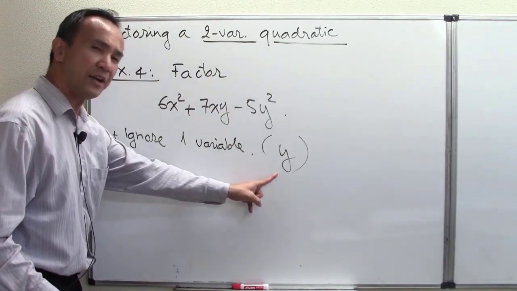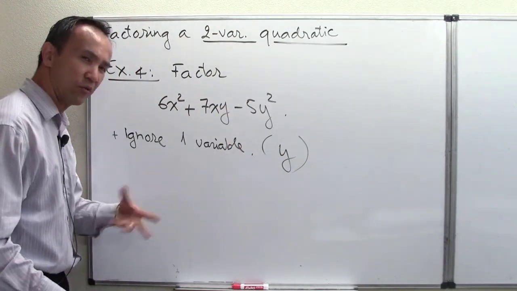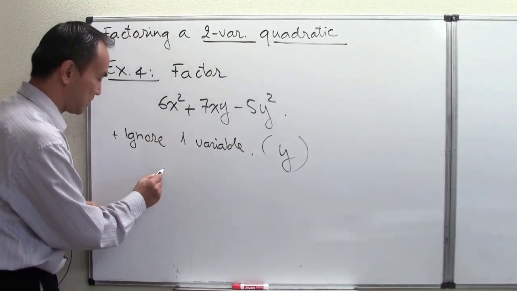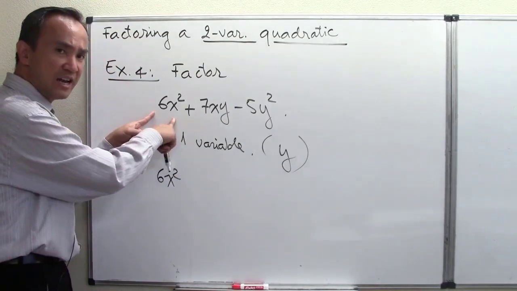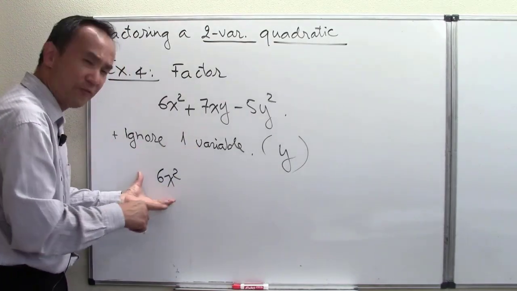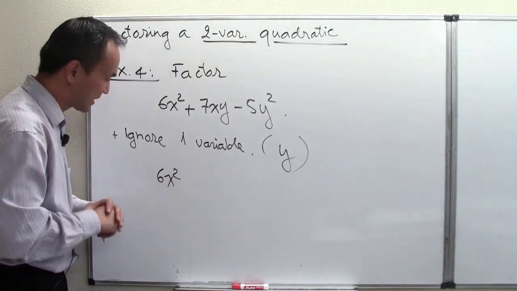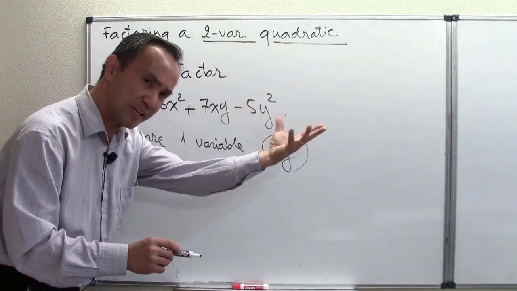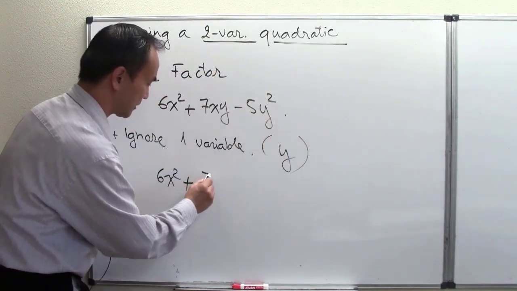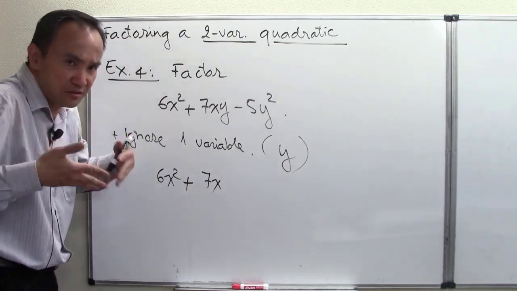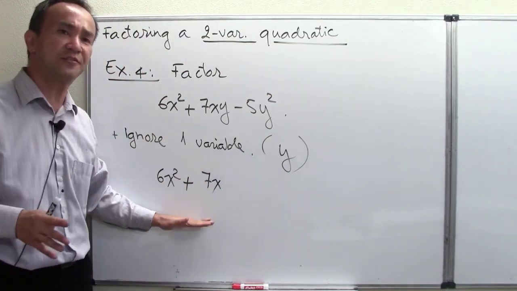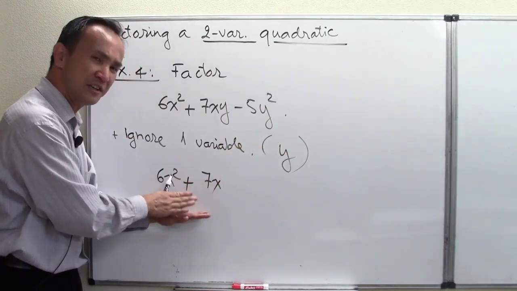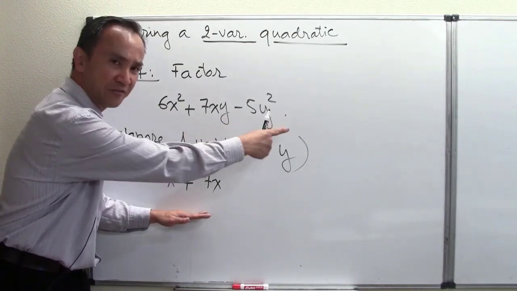So ignoring the y variable, here's how we can rewrite the quadratic without the y variable. It's going to be 6x squared, because the first term didn't have any y anyway, so ignoring that makes no difference. Plus, now instead of 7xy, we purposely ignore the y, so it's going to be 7x. Think about the equivalent version of the quadratic without the second variable.